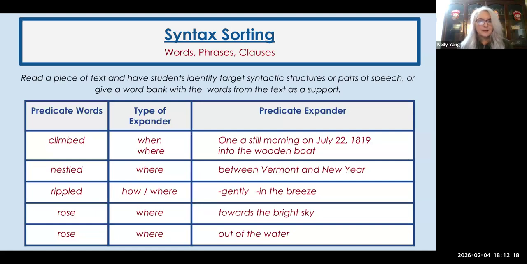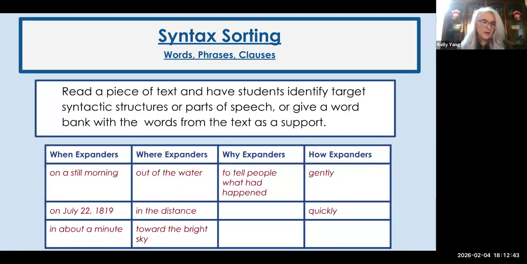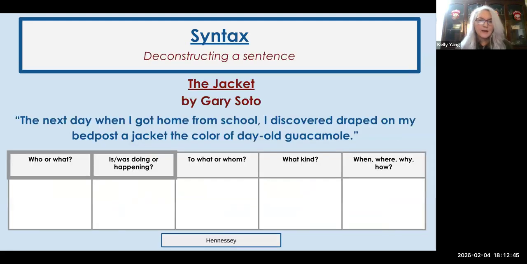And so you can see the students might have their predicate words, or their expanders after reading. You can use these to guide writing afterwards. They can obviously be used to aid in comprehension.